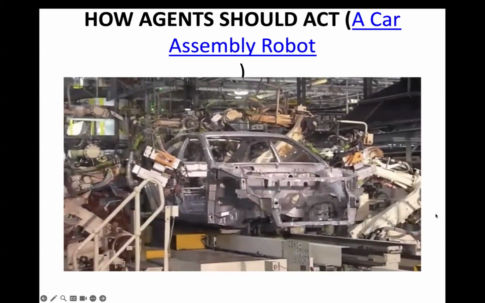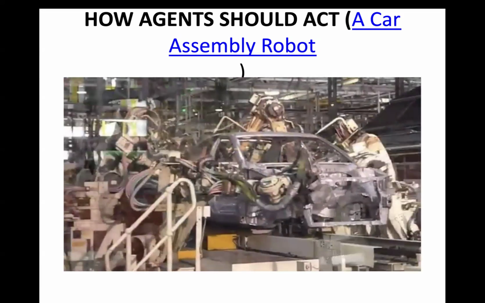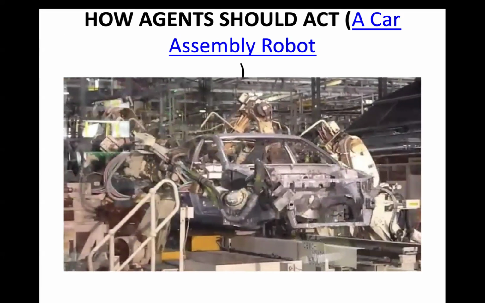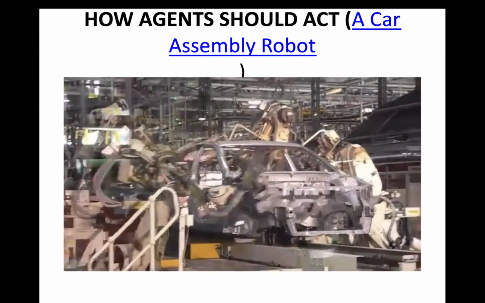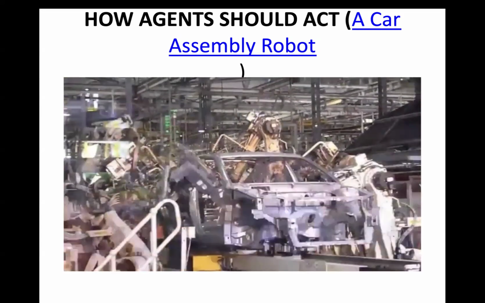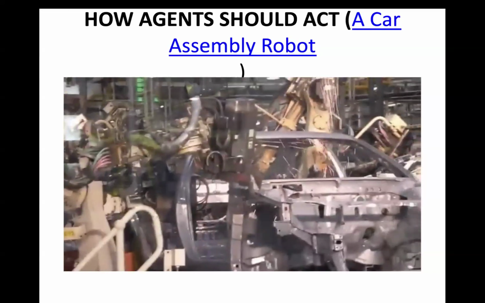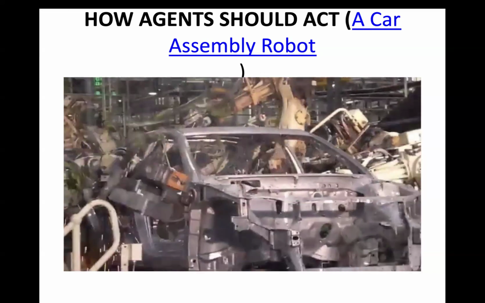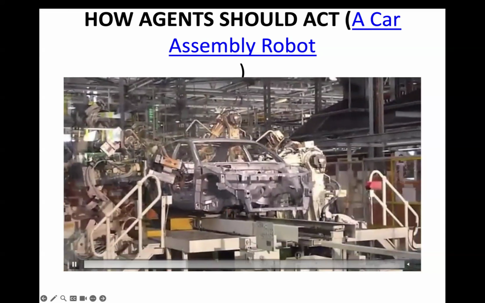Okay. So here we have an automated system that's supposed to assemble a vehicle. From the chassis of the vehicle, as it is moving along, this entire system, the entire factory, is the agent that we have.